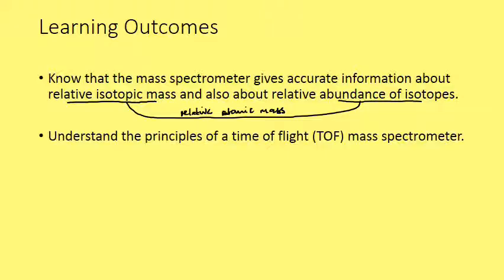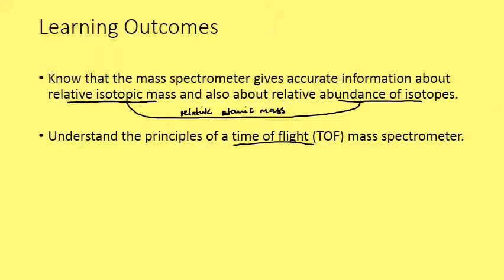Then after that we will understand the principles of a particular type of mass spectrometer, and the mass spectrometer that is in your spec is the time of flight mass spectrometer. So time of flight is the way that you separate the different isotopes.